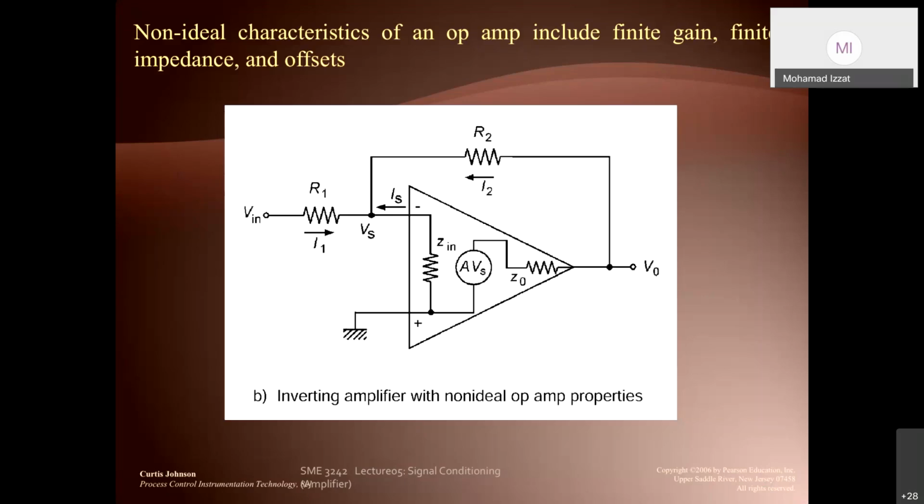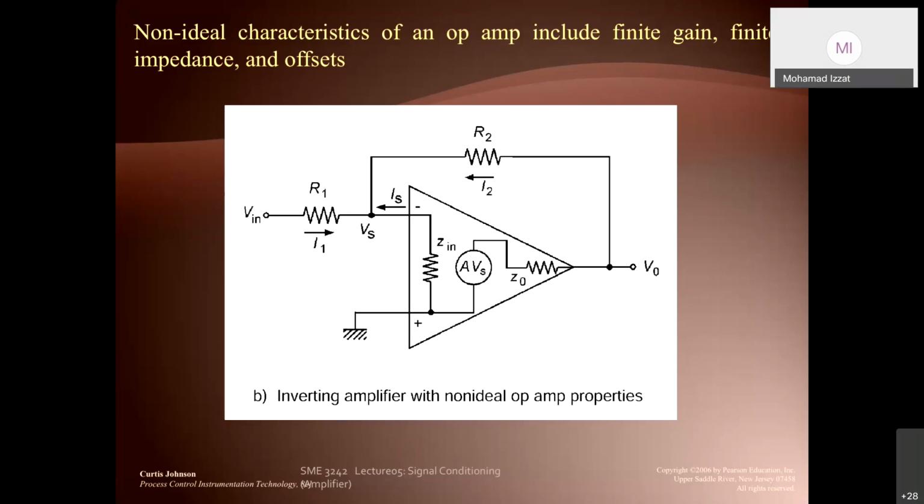Alright. So the label here B, inverting amplifier, this is called inverting, because the input is connected to the negative leg. The positive leg, as you can see, is connected to ground. So the input goes to the negative, which is what they call an inverting amplifier.